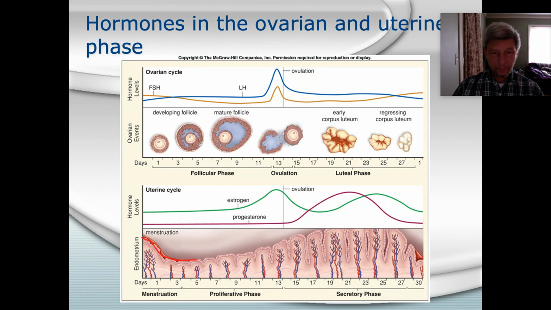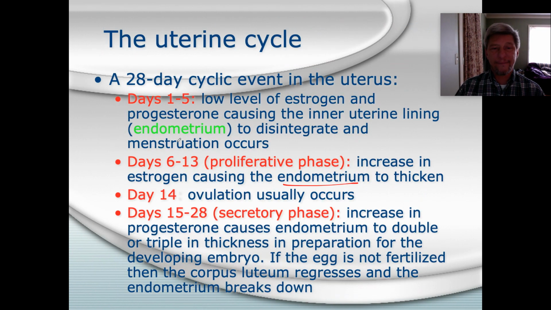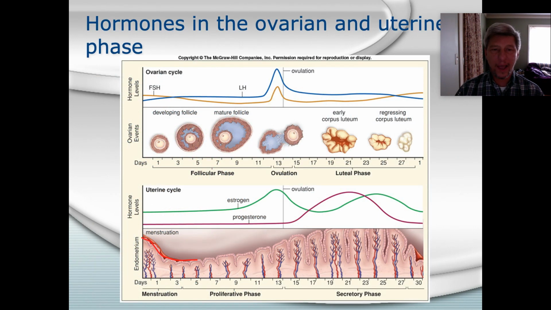But from day 5, where the follicle has begun to develop, now estrogen is being produced, and the endometrium begins to increase in thickness all the way up through about day 14, when ovulation occurs. Once ovulation occurs, now the corpus luteum is secreting progesterone, which increases the thickness of the endometrium even more, until the corpus luteum begins to heal up, which then leads to a decline in the thickness of the endometrium.